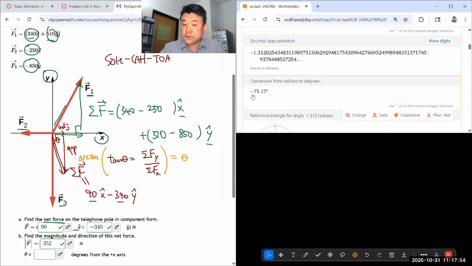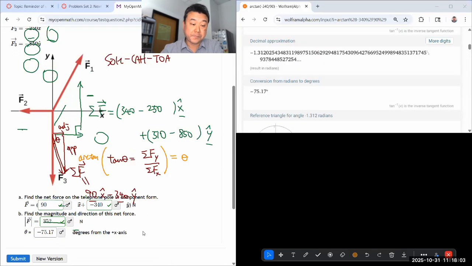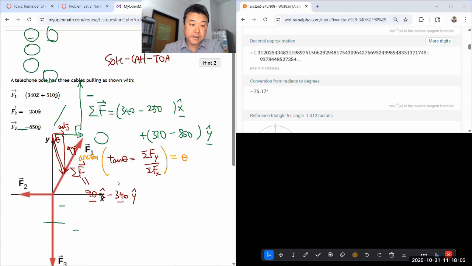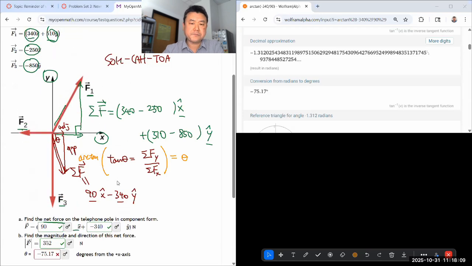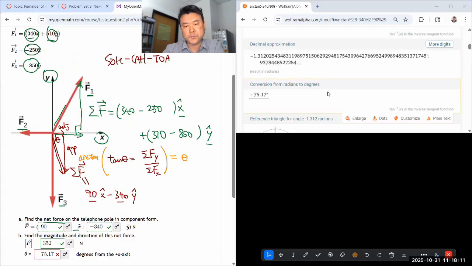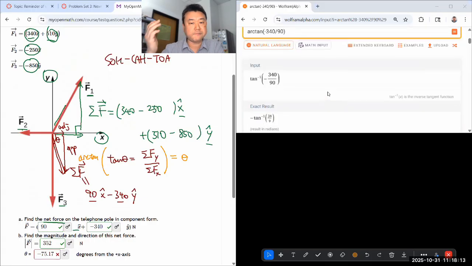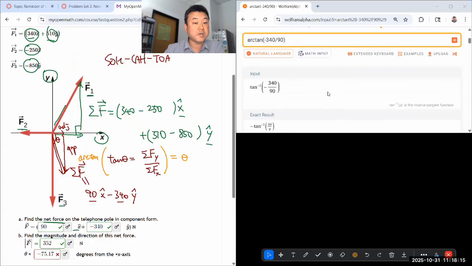So if you put in minus 75.17 degrees, I think it should say that's wrong. And the reason that would be wrong is because this is something that you always have to be careful with: the inverse trig functions, because of the behavior of the trig function.